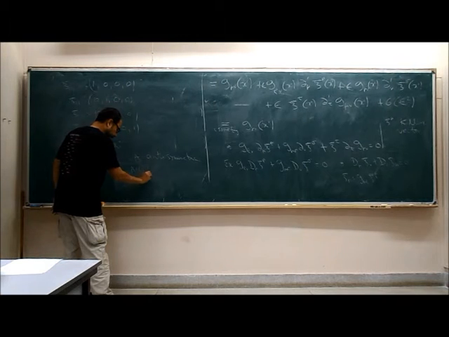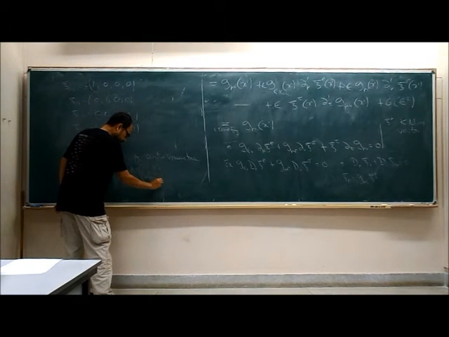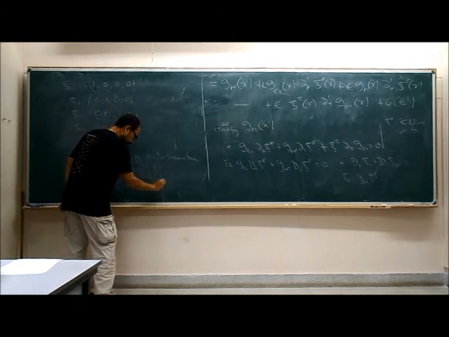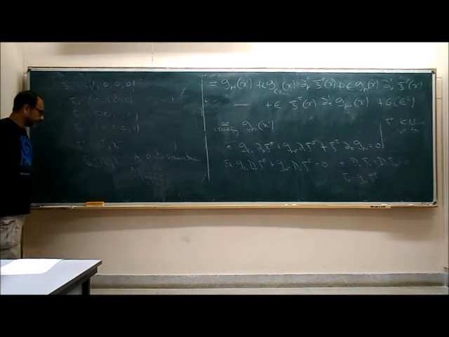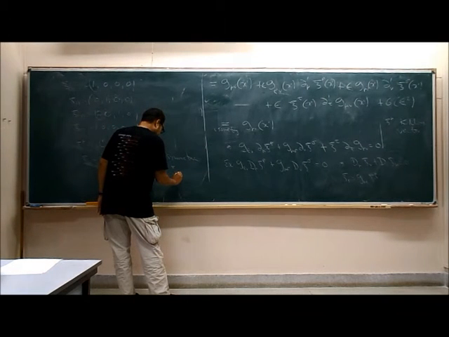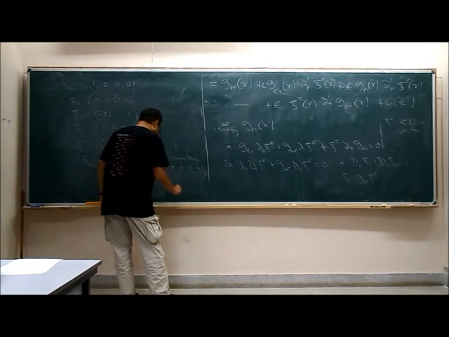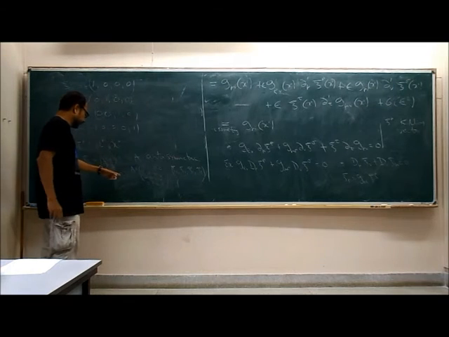0, 1, minus 1, 0, everything else 0. Okay, then that corresponds to ξ0, ξ1, ξ2, ξ3.